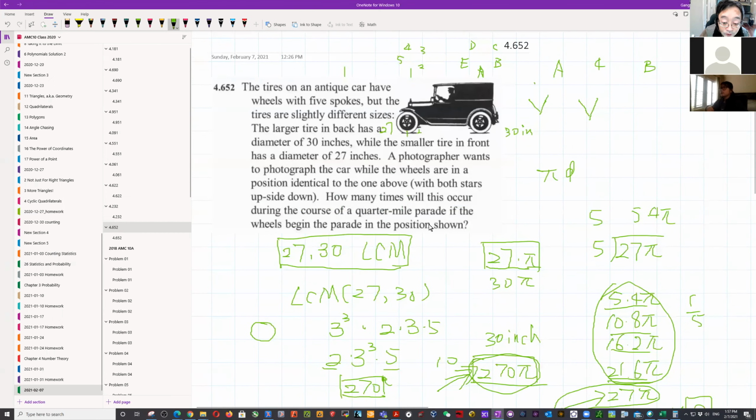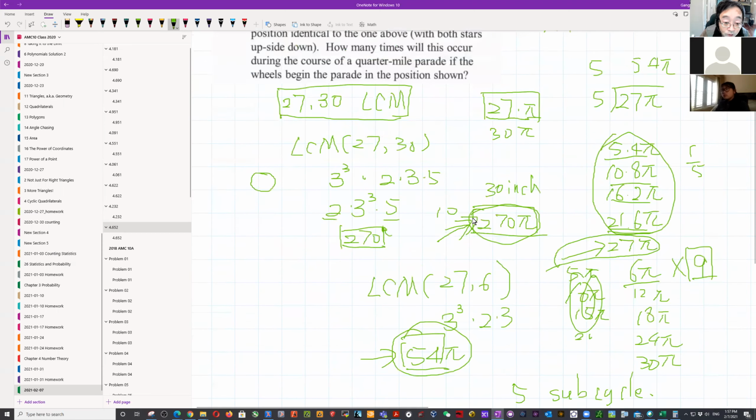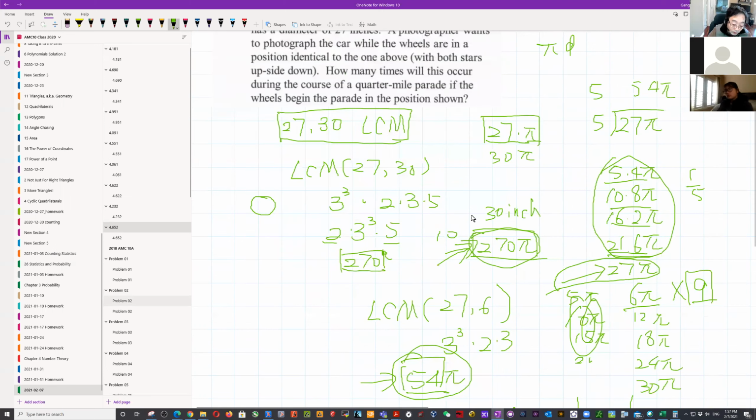And so a quarter mile, how many inches is in a quarter mile? A mile basically has 1760 yards. So 1760 yards multiplied by 3 is feet.